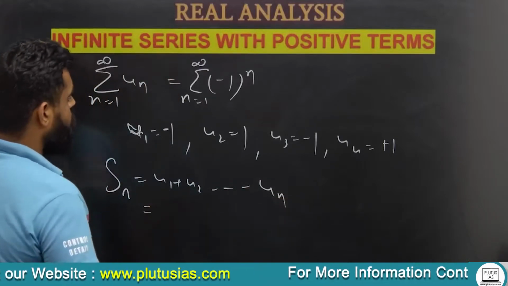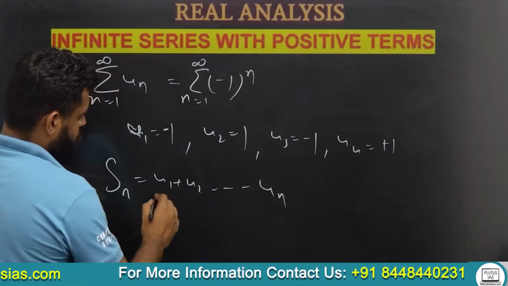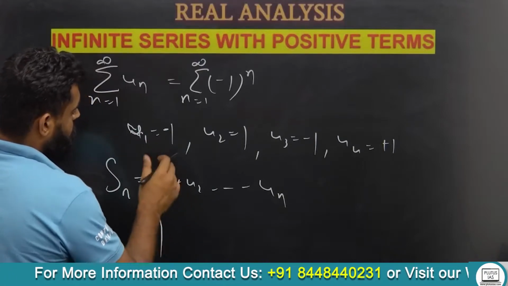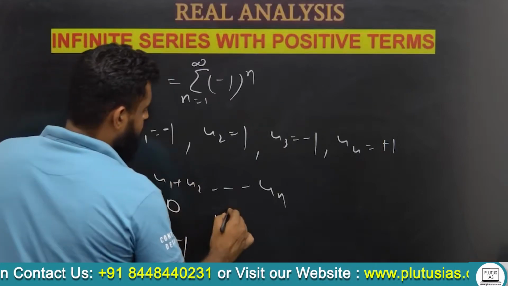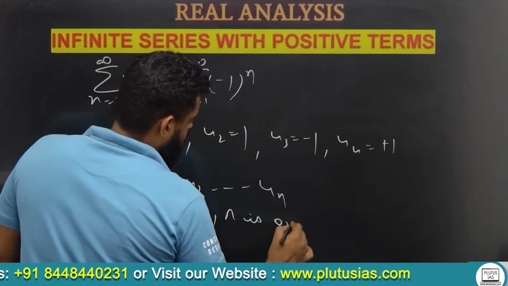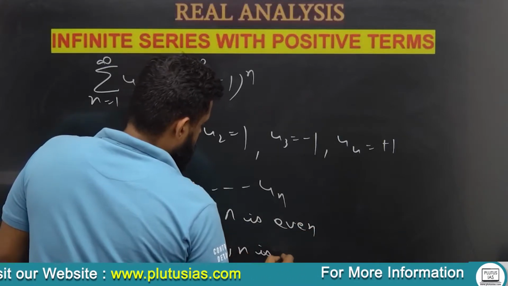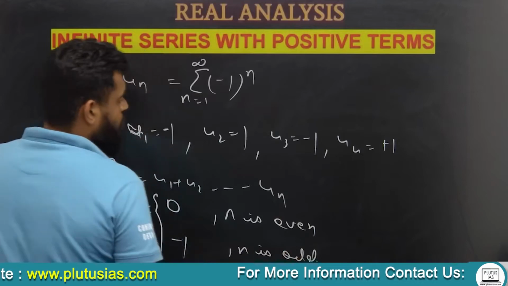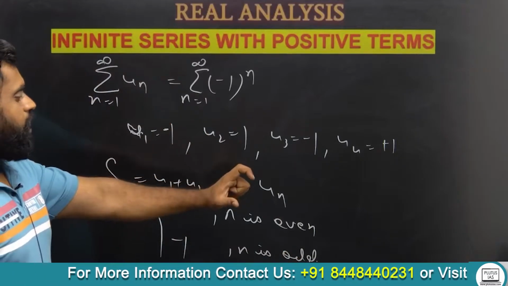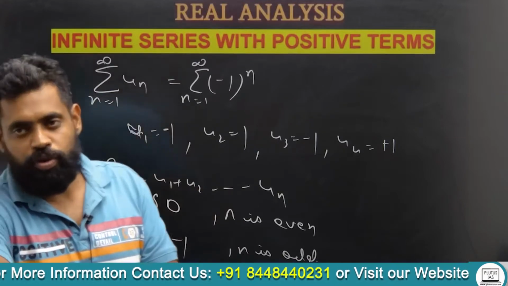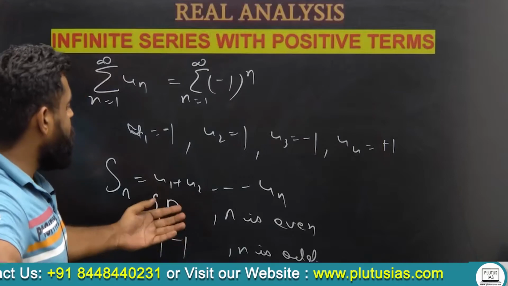this would be equal to 0 if n is even and minus 1 if n is odd. So we see that the series here neither tends to infinity nor tends to a specific value. In fact, it is oscillating between two numbers.